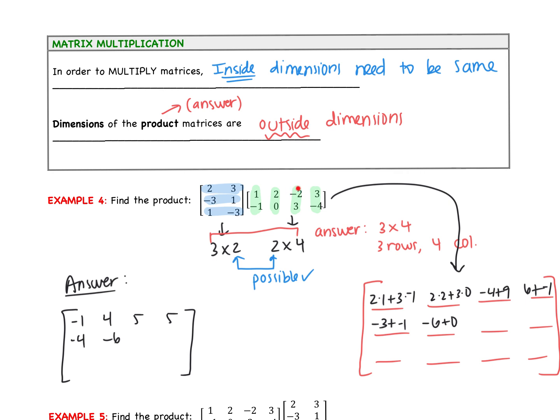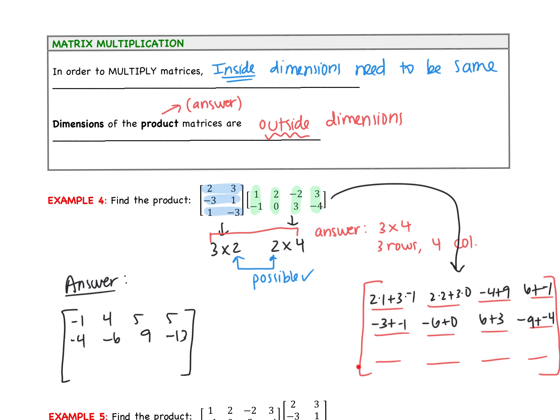Again, -3 times -2, and 1 times 3. So -3 times -2 is +6, and 1 multiplied by 3 is 3, giving me 9. And then again, that second row in the last column will give me -9 add -4, which is -13.